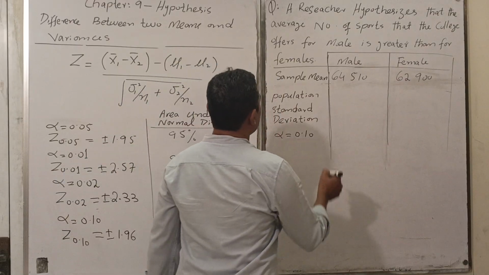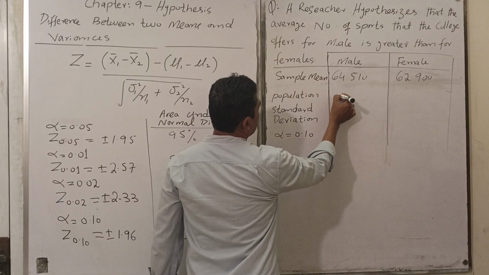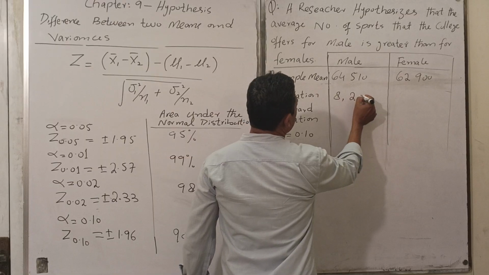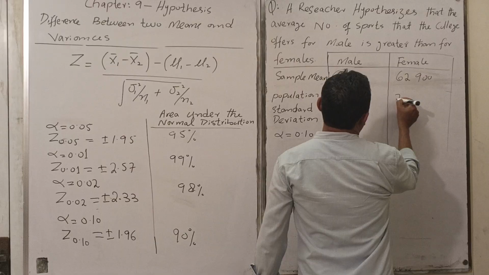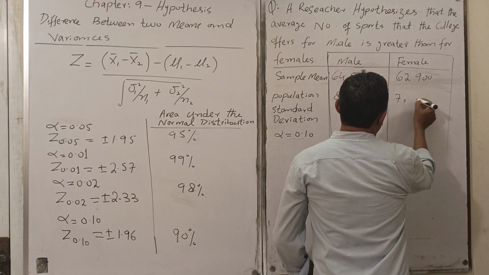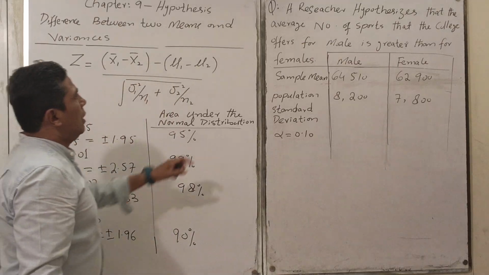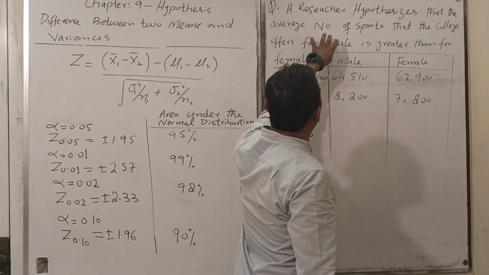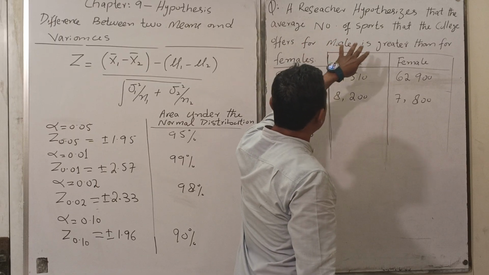Population standard deviation is what? 8,200 and 7,800.